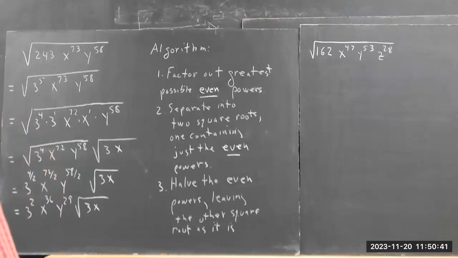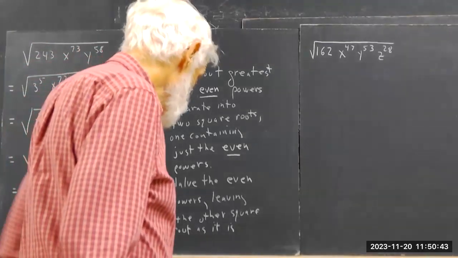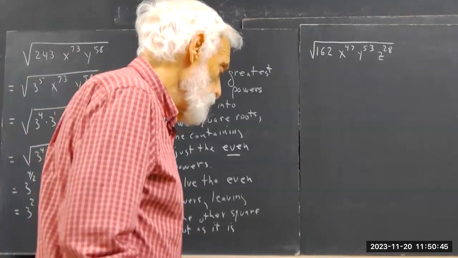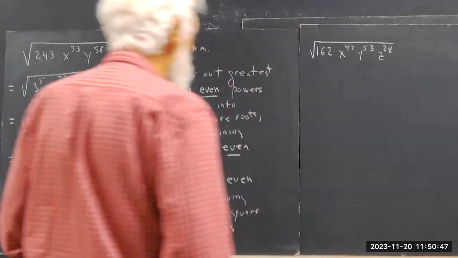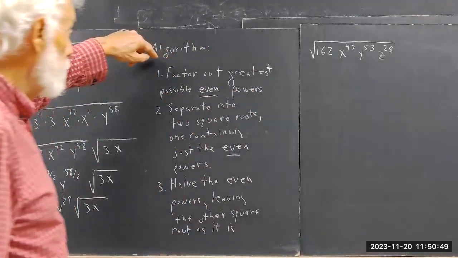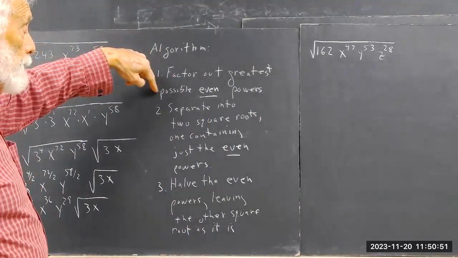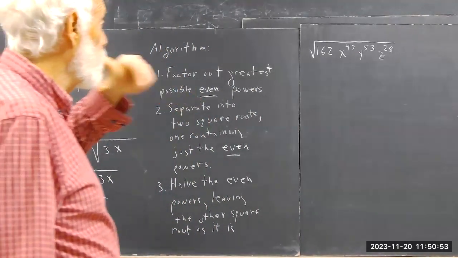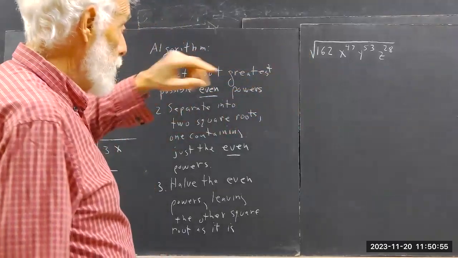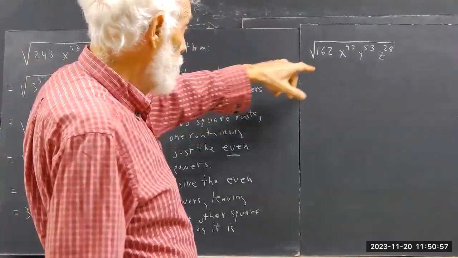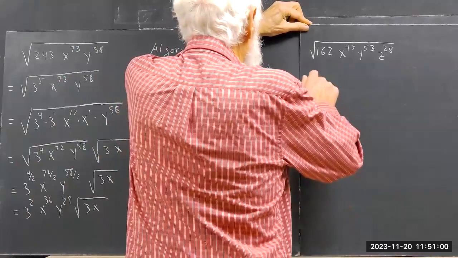Okay, I believe we pretty much got this. Make sure we understand all the details. Okay, so applying the algorithm, I factor out the greatest possible even powers. Well, first, and I didn't include it in the algorithm, but first, I think we understand that we've got to do the prime factorization.